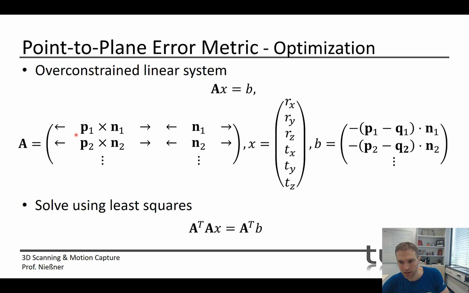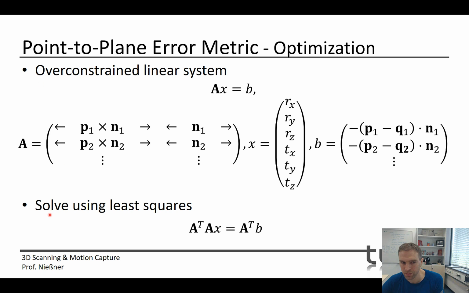So A has 6 columns, where each column is multiplied with one of the unknown channels. And the number of rows of A is equivalent to the number of correspondences you're going to get. So if you have a depth map with hundreds of thousands of points, you would have possibly hundreds of thousands of entries in A, as long as they were not rejected in the outlier pruning.